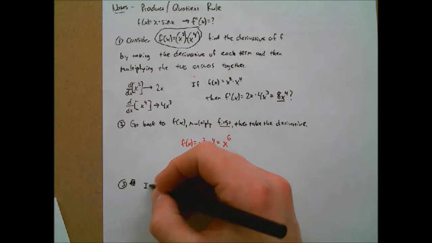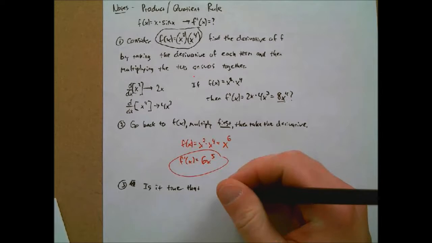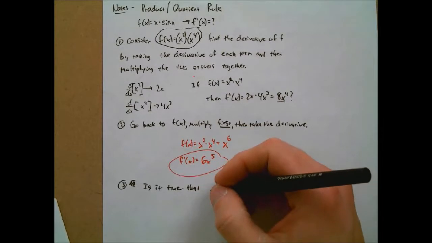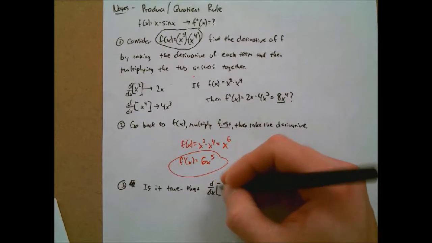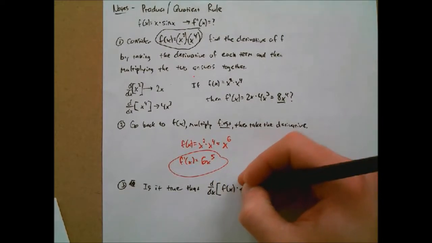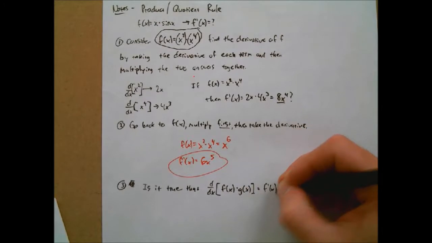So, third, the conclusion statement here: is it true that the derivative with respect to x of f of x times g of x equals f prime of x times g prime of x?